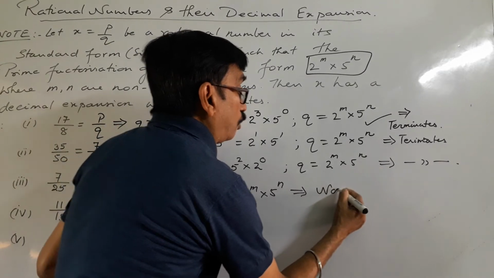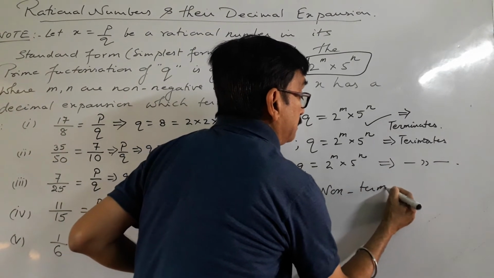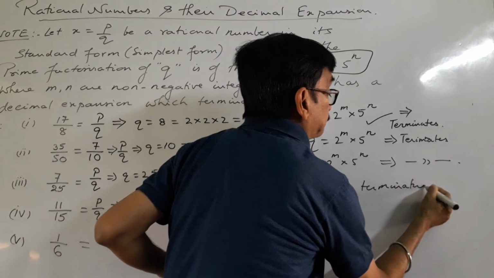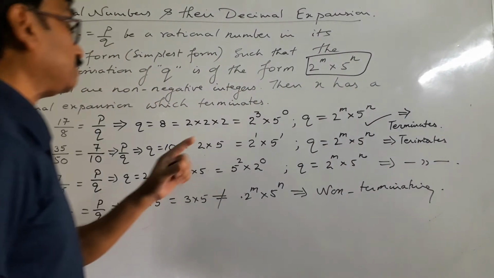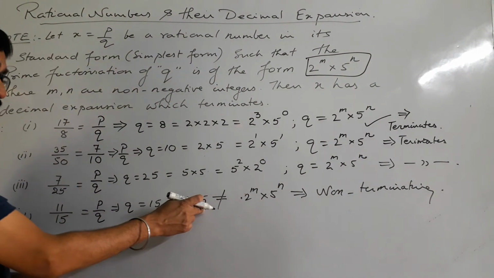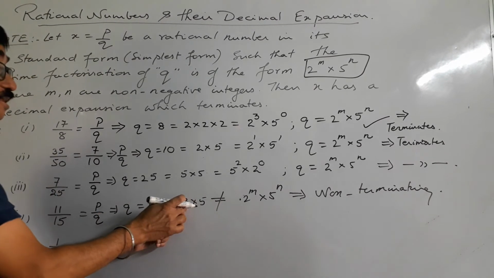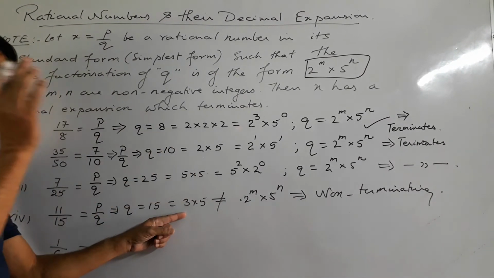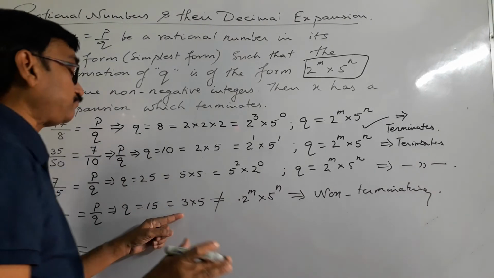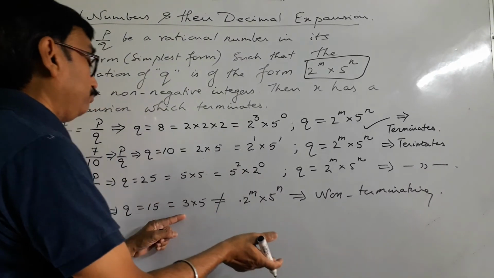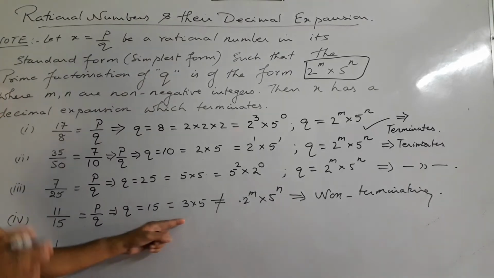Therefore, it is a non-terminating number. As it contains a 5, but also a number other than 2, it contains 3 also. It should contain only 2 or only 5 or 2 and 5. No other third number must be there.